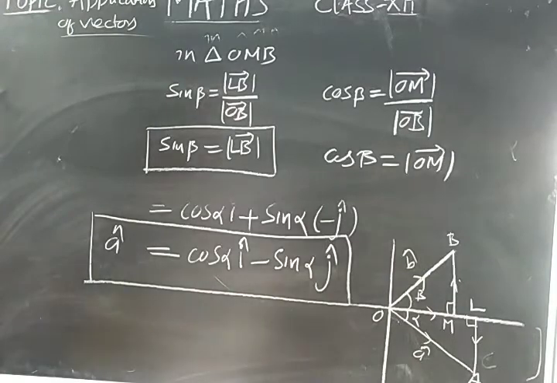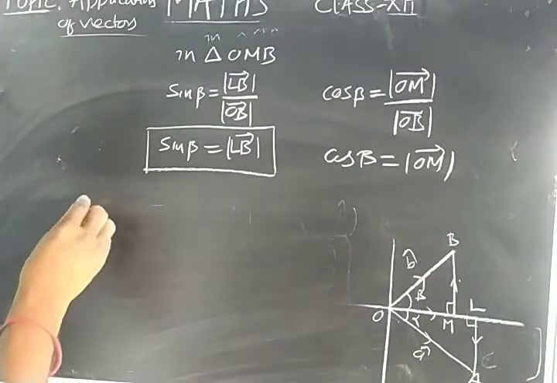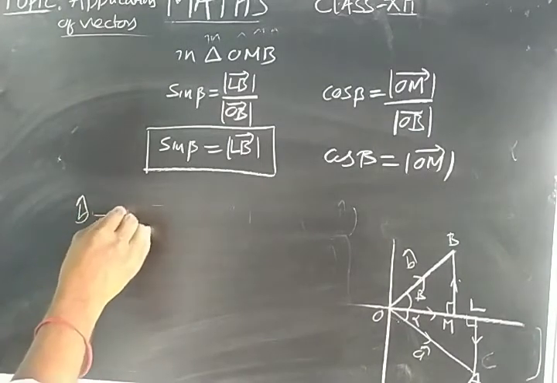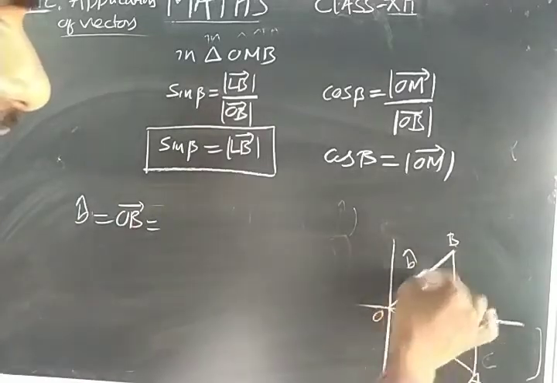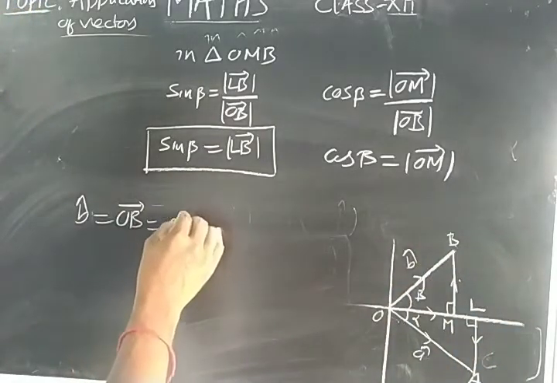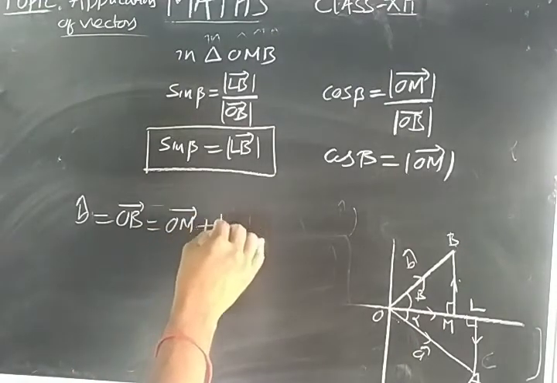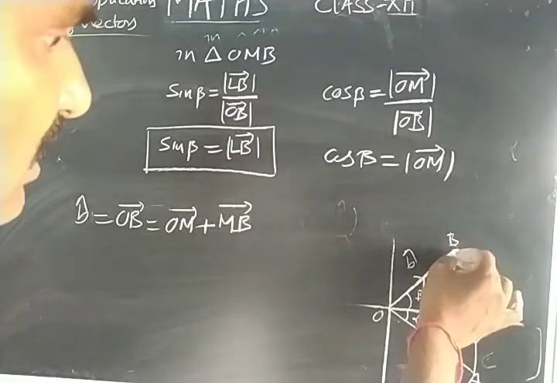Right? So remember this. Now I am finding B cap. What is B cap? OB vector. By triangle law again, OB vector equals OM vector plus MB vector.